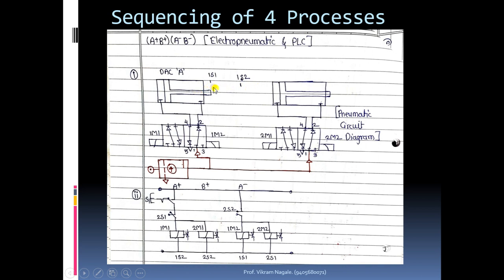So 1S1 will get unpressed and the rod end will reach the 1S2 position. Once this rod end reaches the 1S2 position, the first task will be over.